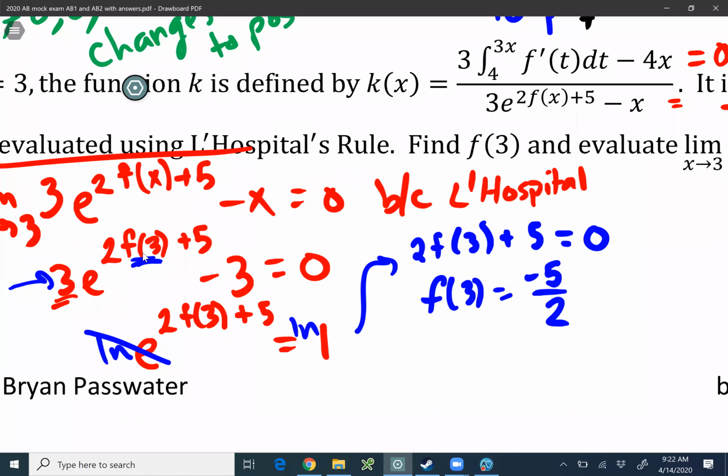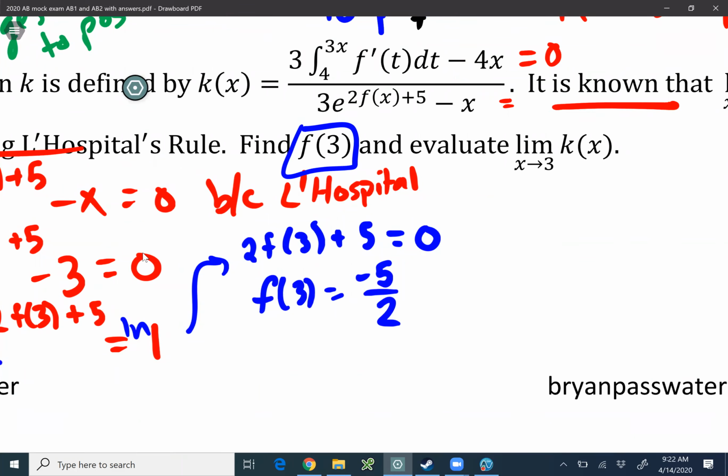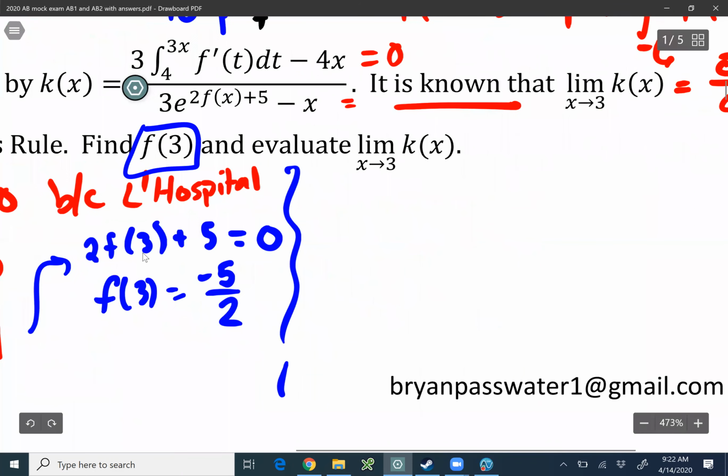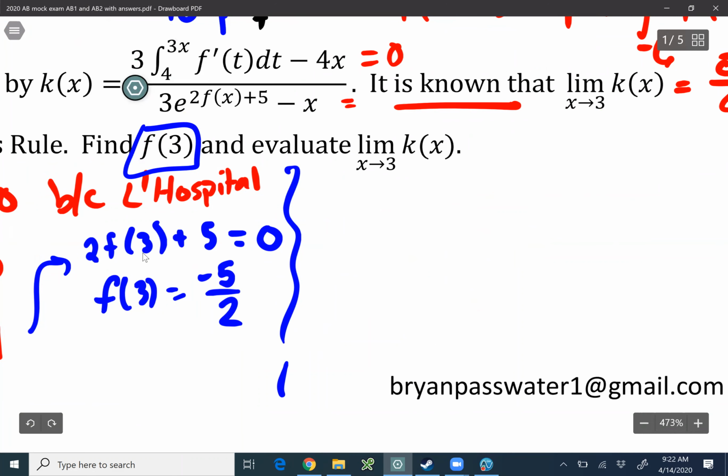Okay, so anyways, it asked for 2 things. First, it said find f of 3. We did that, we got -5/2. Second, it said to find the limit as x approaches 3 of k(x).